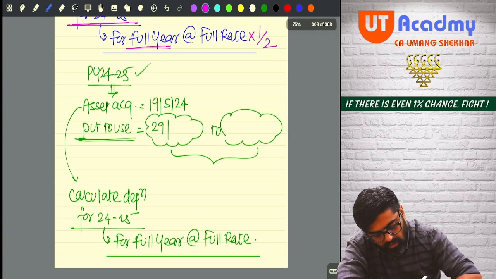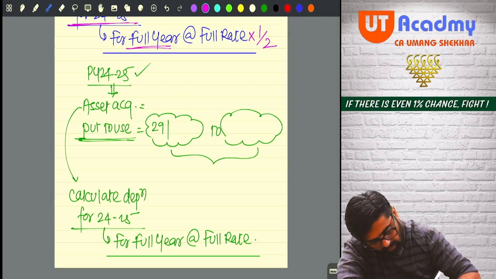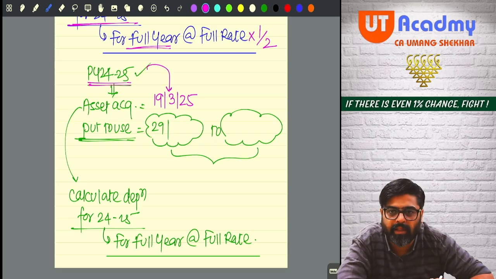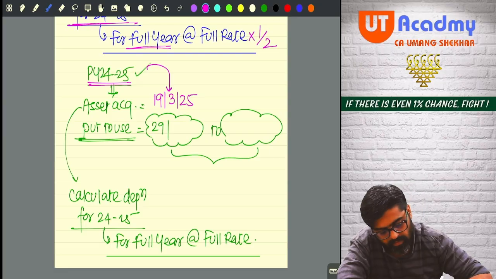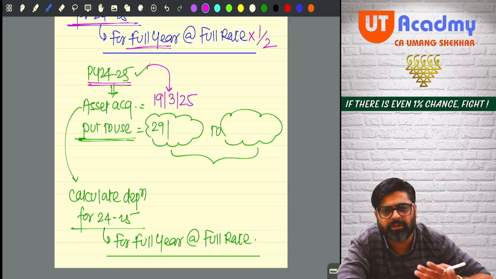Now, the asset was acquired on 19th of March 2025. Meaning in 24-25 only the asset was acquired. But it was a huge plant and machinery, and its installation and erection took a lot of time.